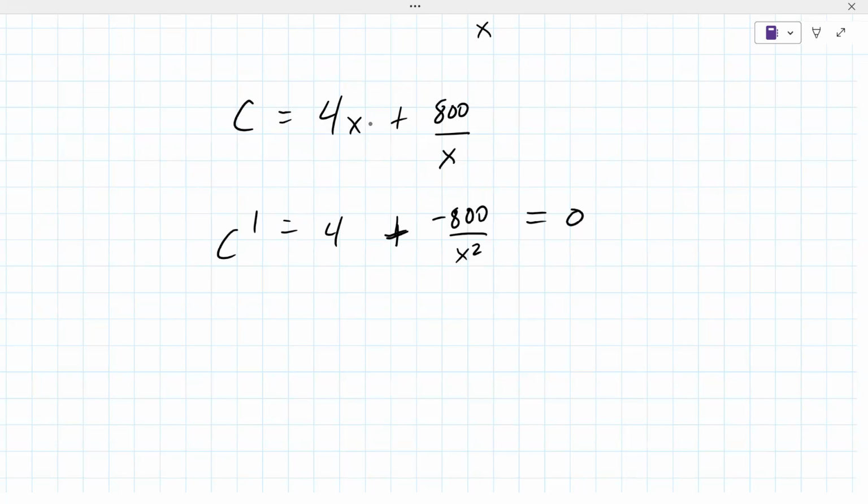Square root of 200, which I don't know what that is. Oh, shoot. Everything okay there? Yeah. Square root of 200, so 14.14.